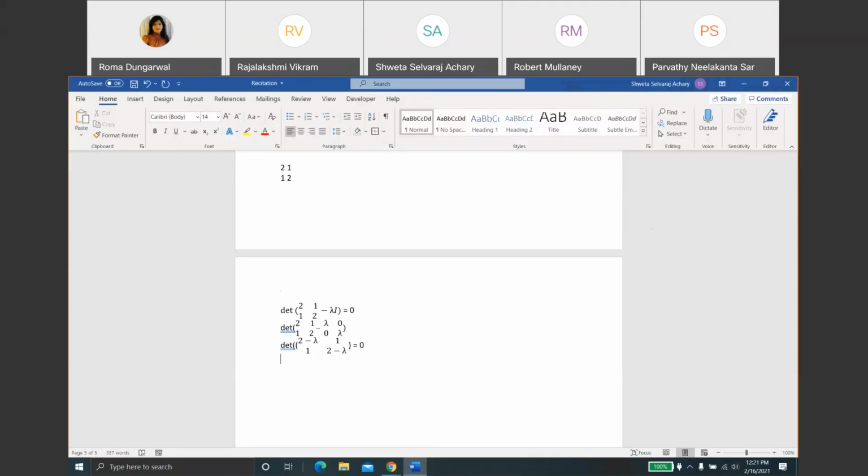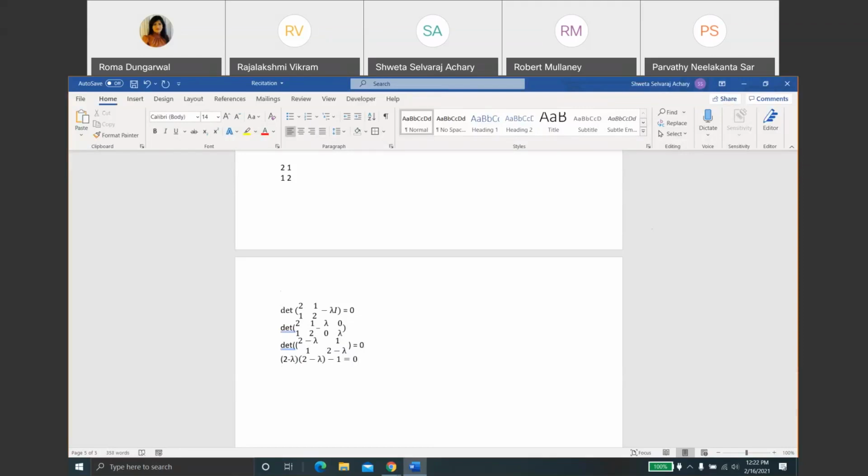What's the determinant? Determinant is 2 minus lambda into 2 minus lambda minus 1 into 1. So that is your determinant: 2 minus lambda into 2 minus lambda minus 1 into 1 is 1 equals to 0.